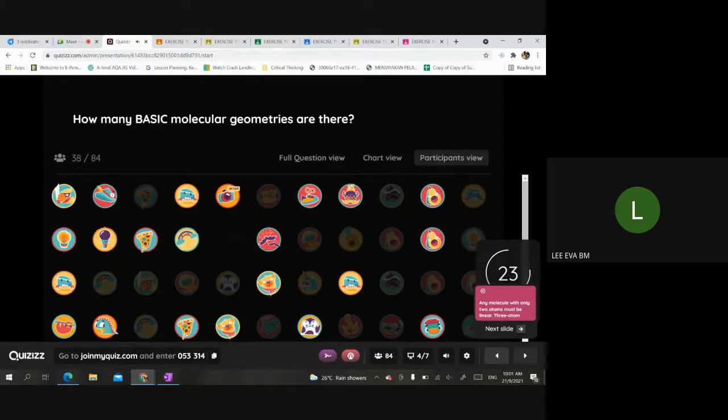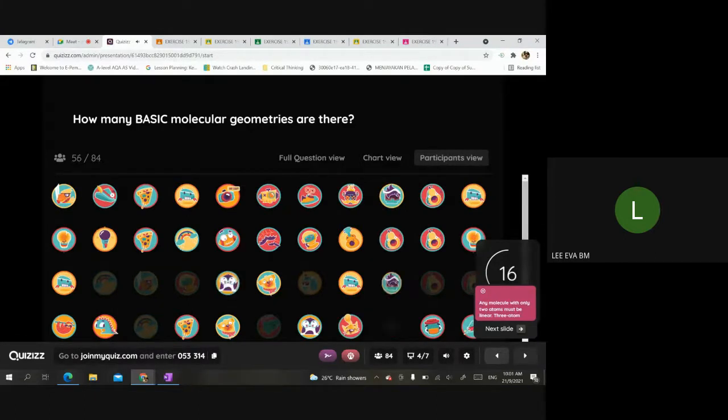We got linear, trigonal planar, trigonal pyramidal, tetrahedral, octahedral. Altogether, how many basic molecular geometries? Same as electron group arrangement.